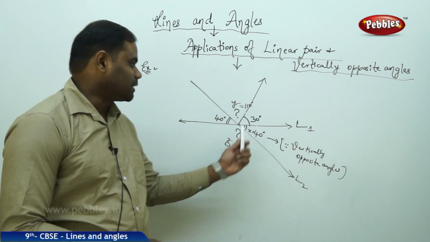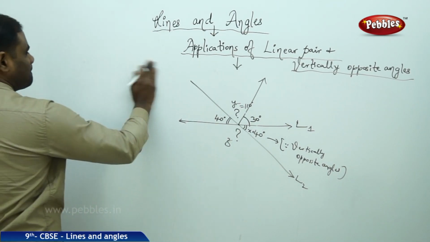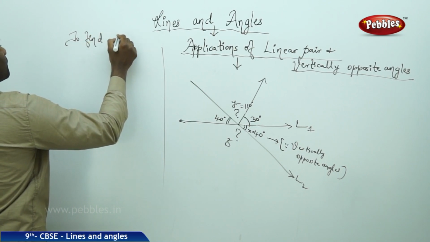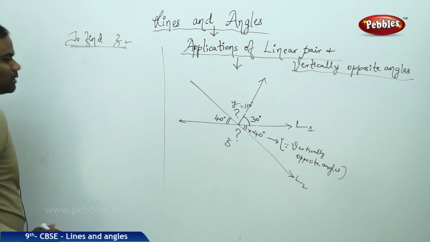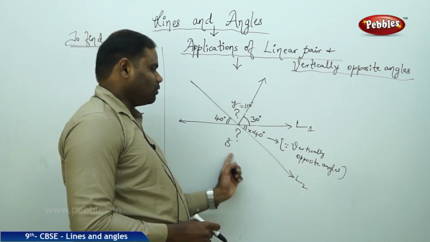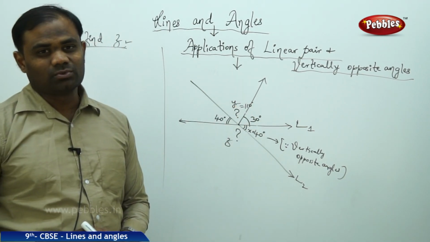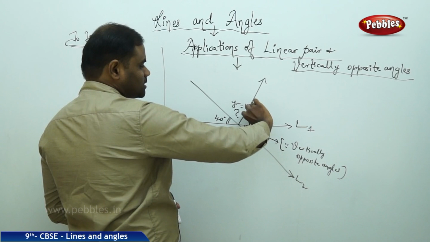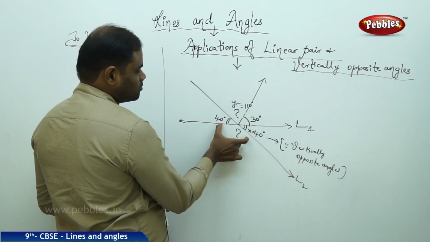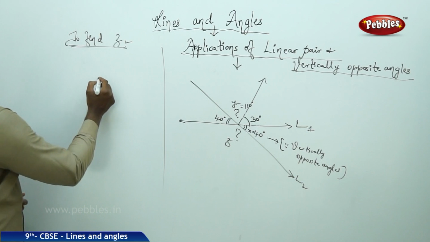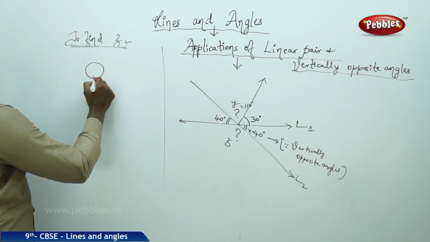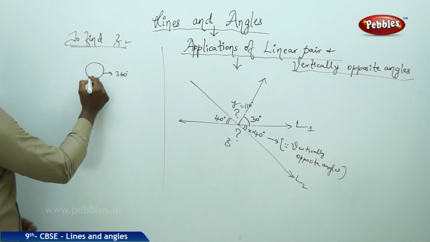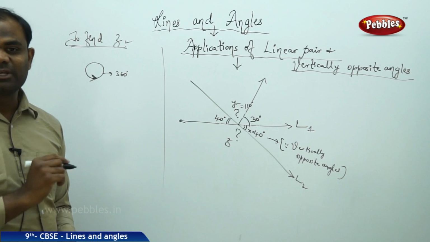To find angle z, clearly the sum of all the angles taken here must be equal to the circle angle, that is 360, because this angle x plus 30 degrees plus this plus this plus this forms one full circle, in which the angle is 360 degrees. Therefore, the circle property comes into existence here.